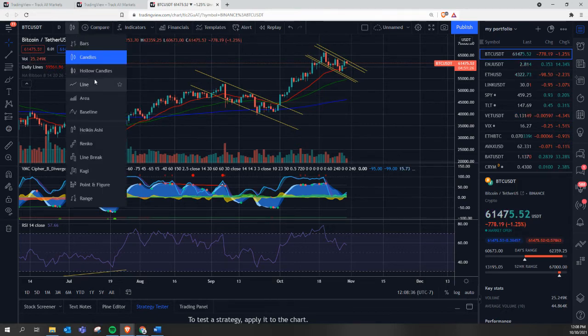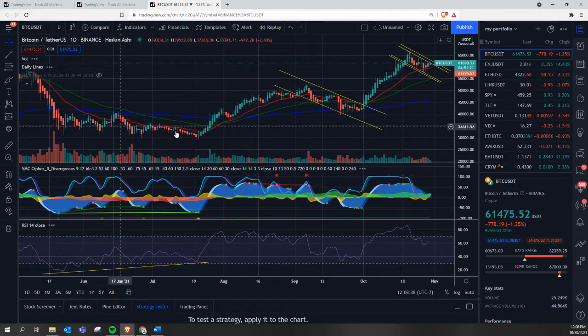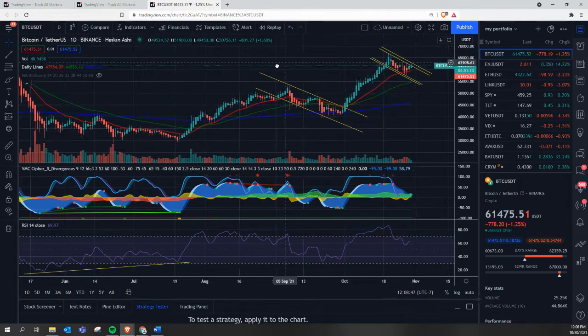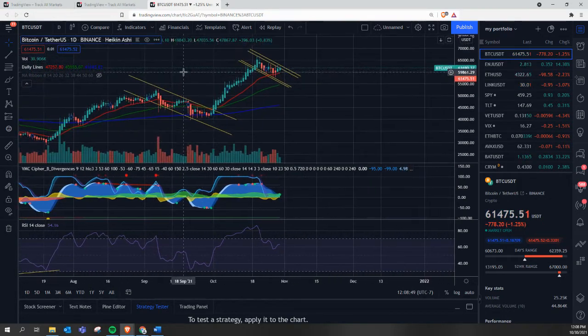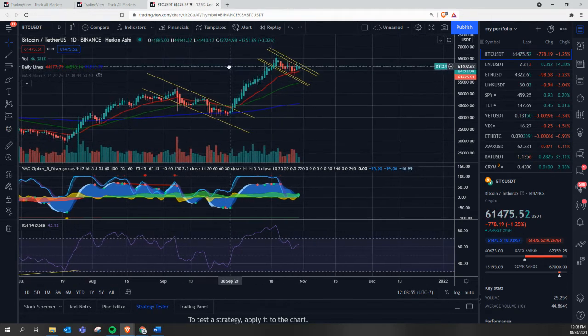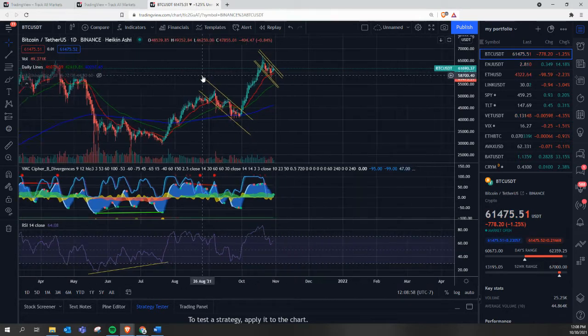When you do Heikin Ashi, boom, it changes: green, green, green, green, green, green, red, red, red, red, green, green, green, green. It shows you what is going on in the general trend. The trend is our friend until the end, and we always want to trade with the trend.